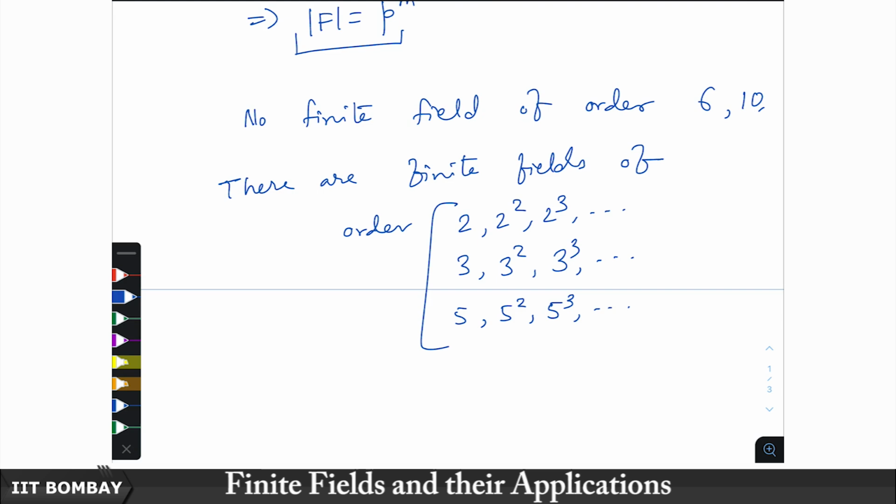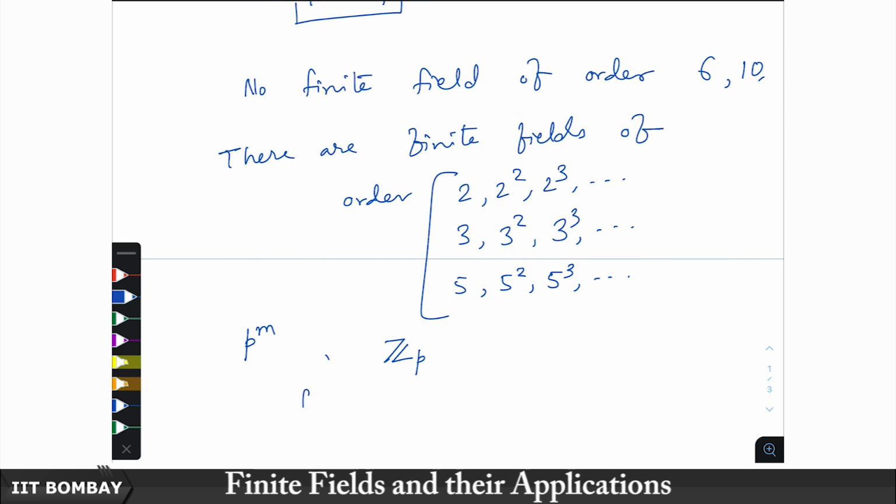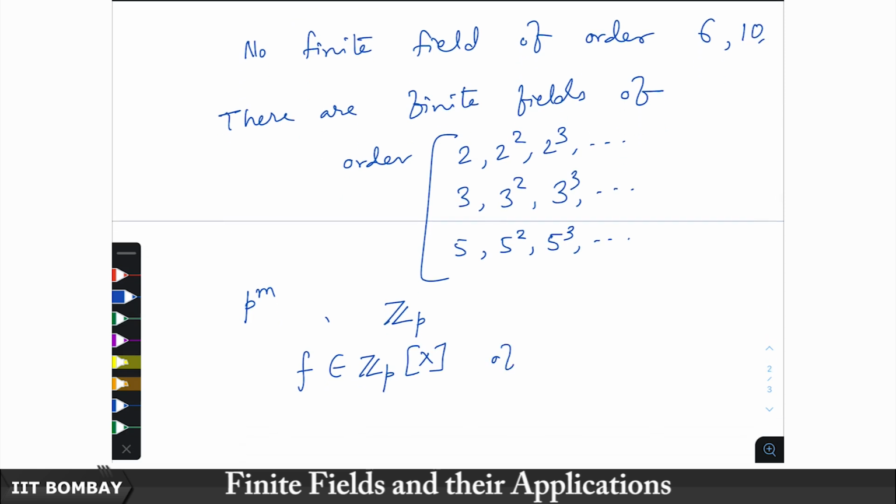So, we know one way to construct a finite field, that is, if we have an irreducible polynomial. Suppose we want to prove that there is a finite field of order p power m. How do we do that? We take first Z p, which is modulo p integers, and then we take a polynomial f over Z p, that is a polynomial in Z p x of degree m.